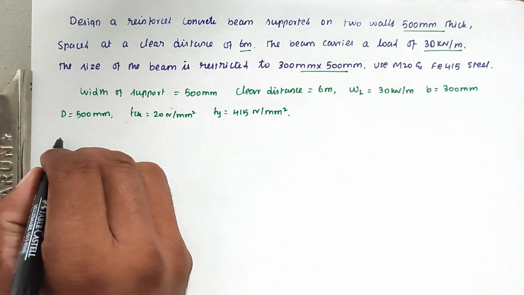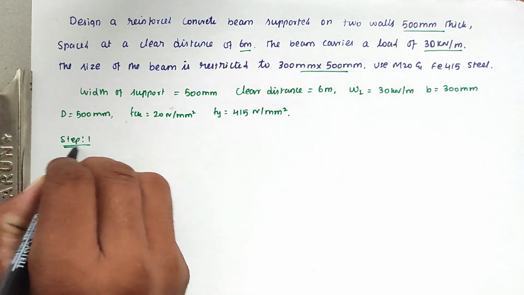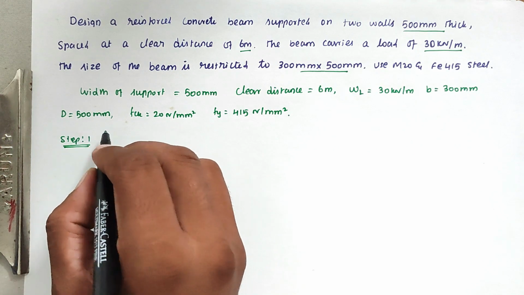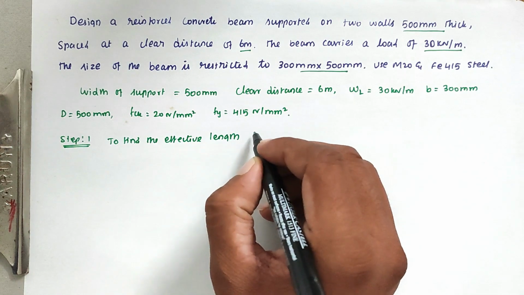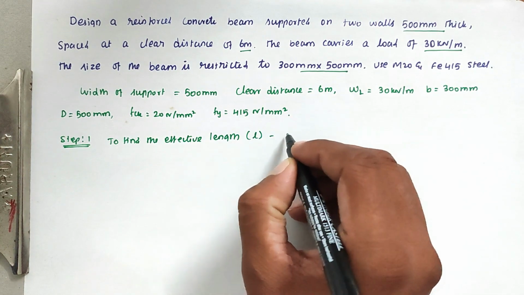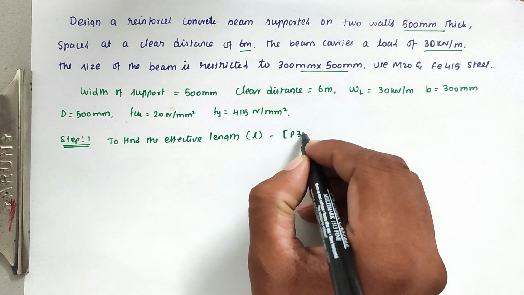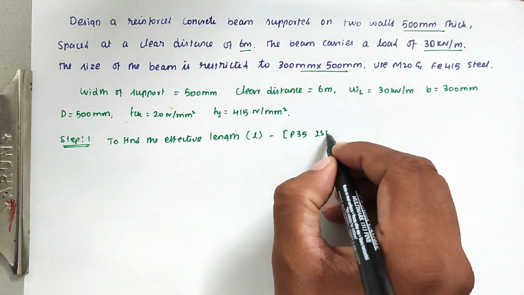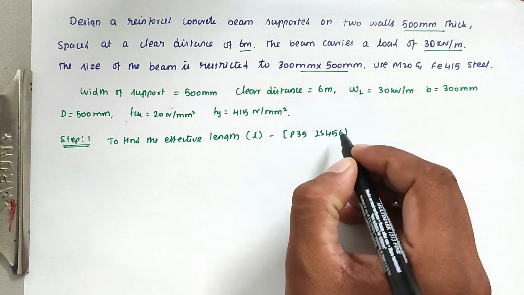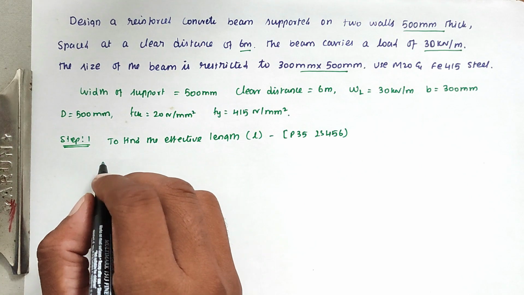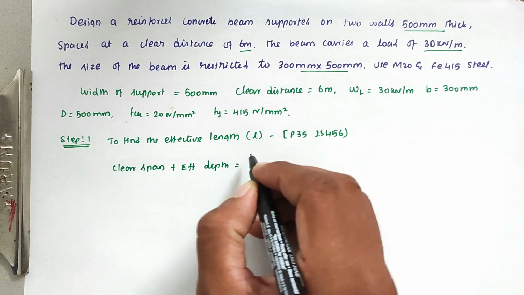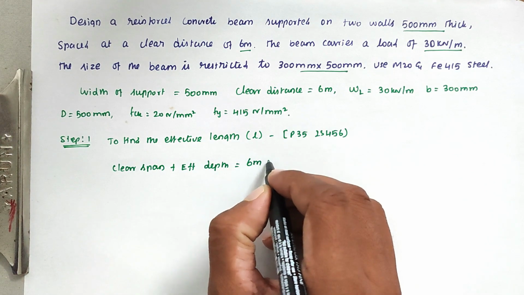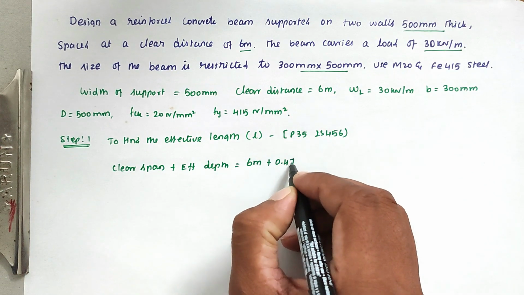So first thing is step 1. We have to find out the effective length. For effective length L, we refer page number 35 in IS 456. We got the clear span plus effective depth, which is 6 meter plus 0.47.